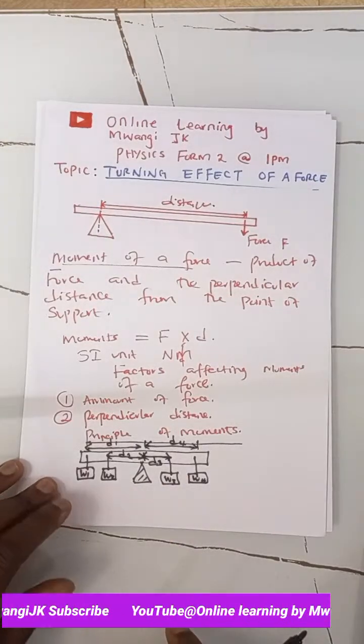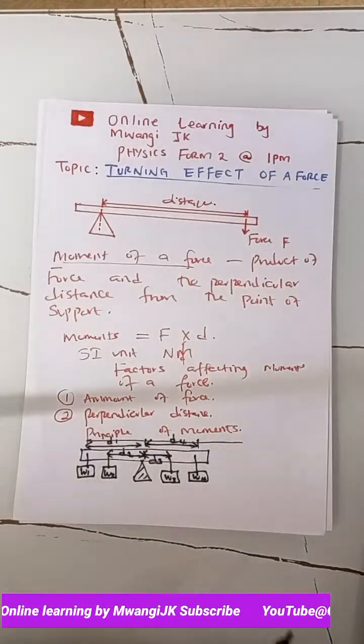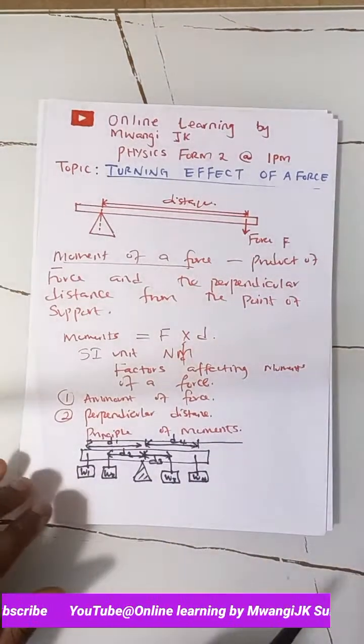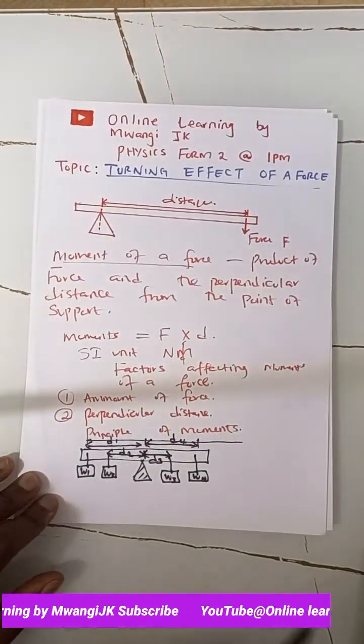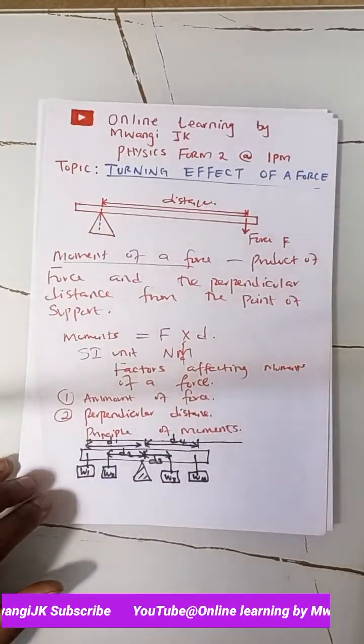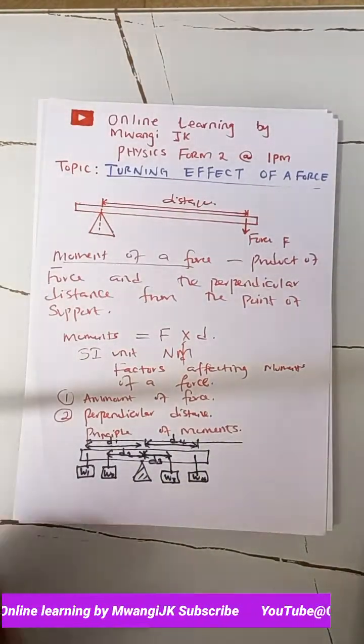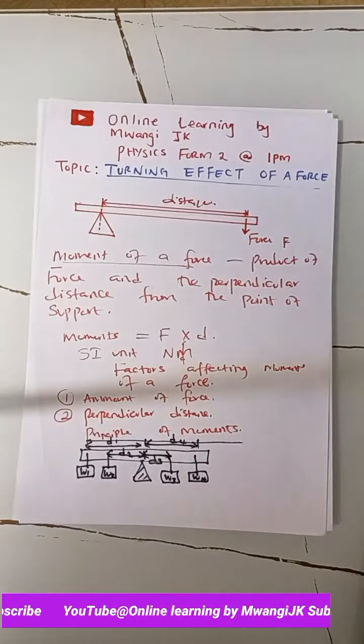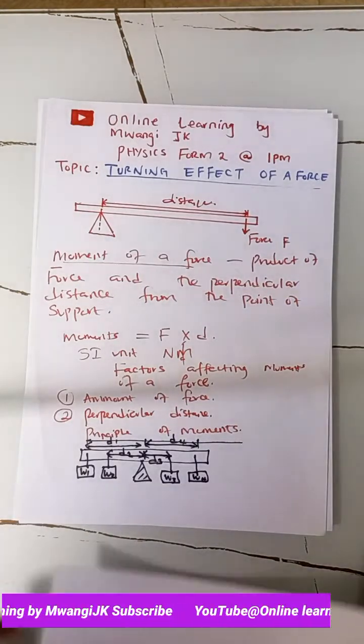Now how can we take moment in such a case? We are talking about force times distance from the pivot.